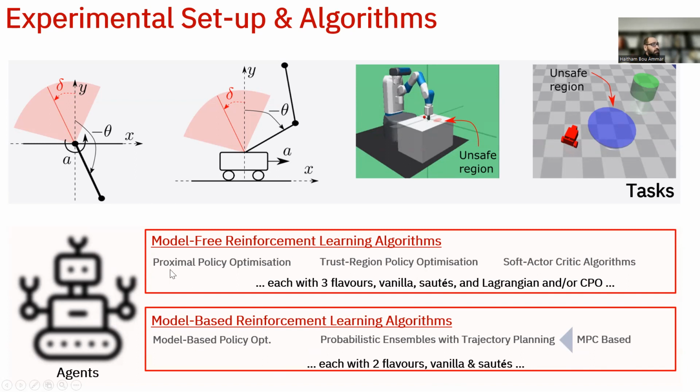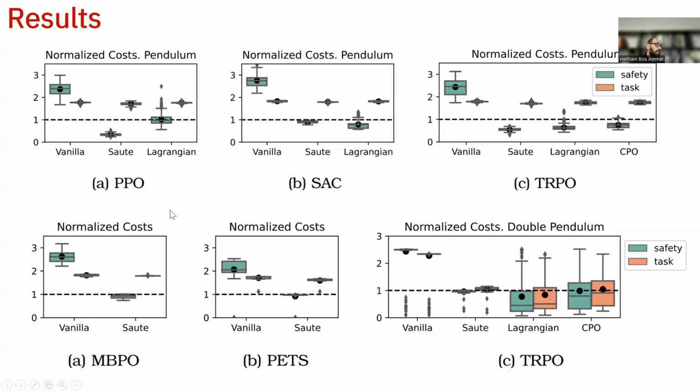So as you see here, because we make the change to the environment and not to the agent, we're agnostic to which algorithm you like. You could use PPO, TRPO, SAC, model-based, it's up to you. Whichever algorithm you think is more suited for your task, you could use it, and our method still guarantees that you will be safe almost surely. And here are some of those results.